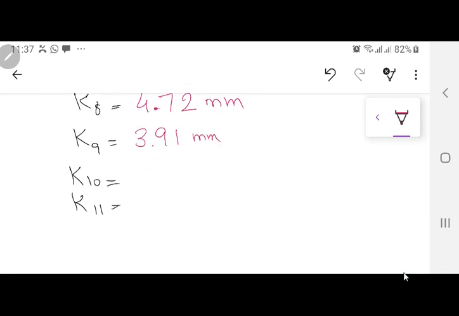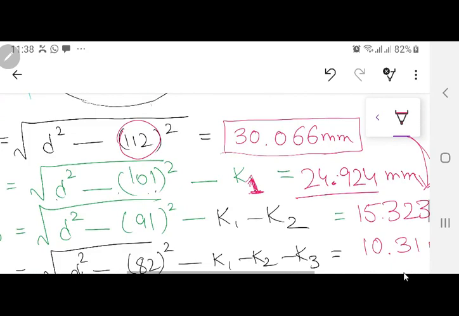The last 2, K10 and K11: 2.308 mm. The last one, the thickness of the last one: 1.55 mm. Okay, so I have all the K1, K2, K3, K4 over here.